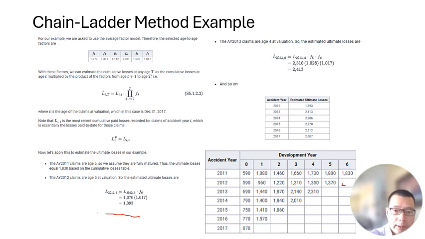But if you are calculating this number, 2013 with development 6th year, you could calculate the 5th year first, then calculate the 6th year, or you can start from the 4th year and just apply the cumulative product of these 2 factors. It would have the same effect to get to the final number.